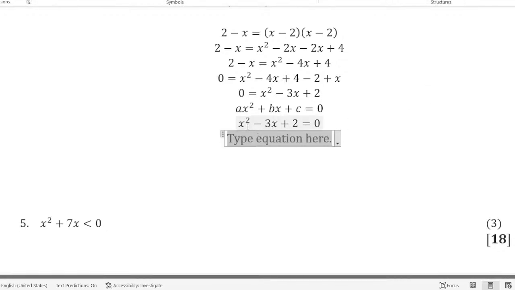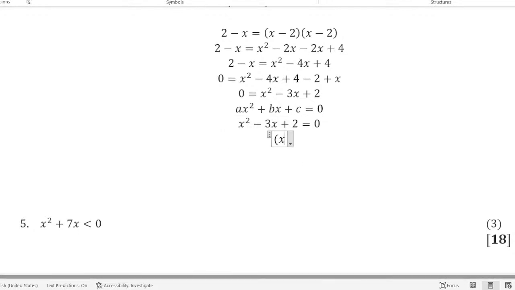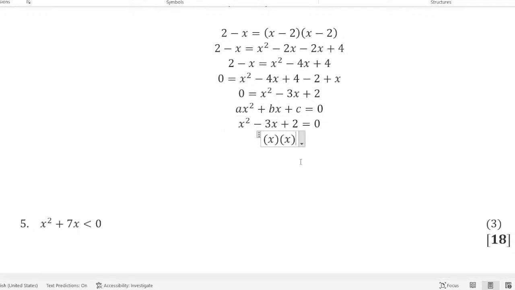Factors of x squared that can give us x squared are x and x. Then factors of 2 are 1 and 2. Remember, when the last term is positive, we get the factors of the last term and add them to get the middle term.